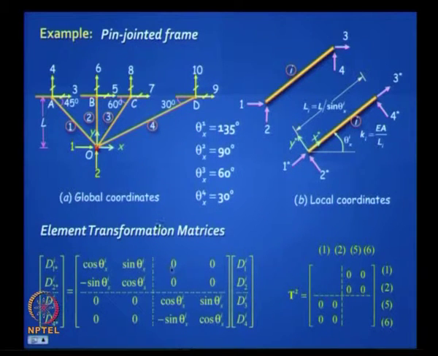See, we have identified this element is 1 2 and it is matching with this 1 2 and this is 3 4, but for the global coordinates this is not 3 4, this is 5 6. Are you getting what I am saying? So let us write to help you understand what we are doing. For that particular problem, this is 5 6, this is 1 2, right. This is global coordinates.